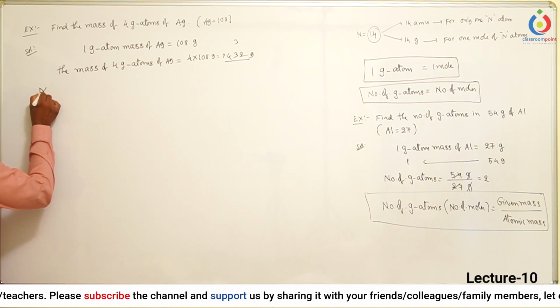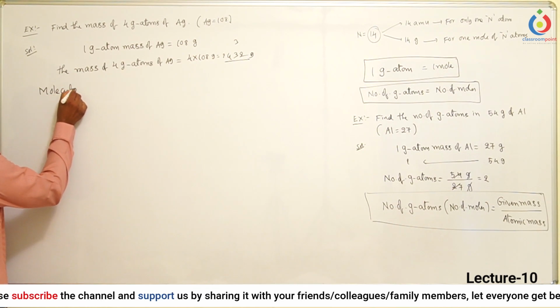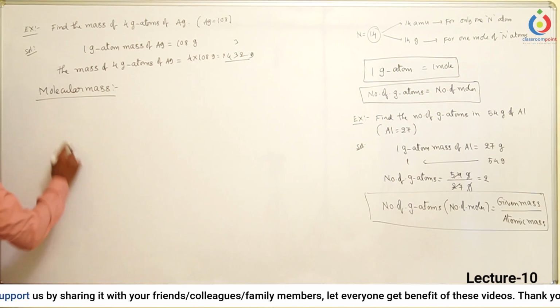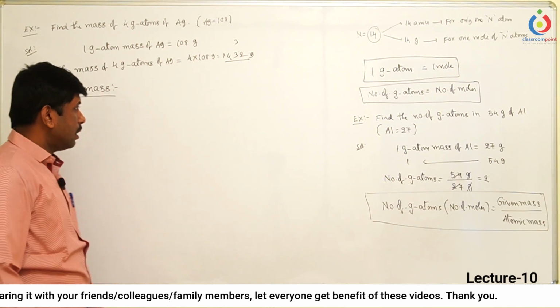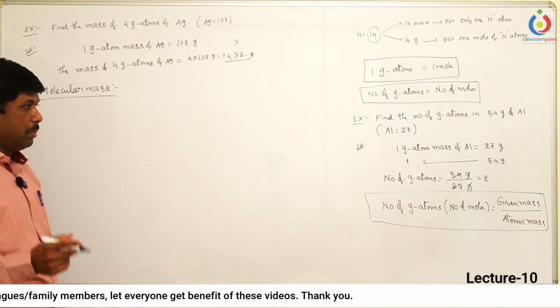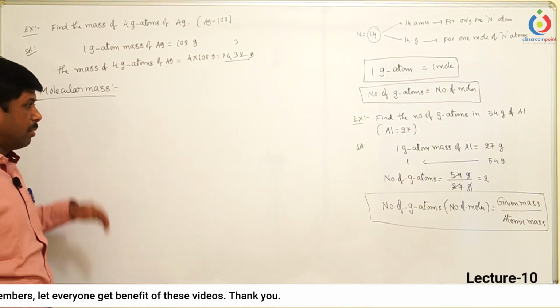So molecular mass means it can be calculated for a single molecule and for 1 mole of the molecule. Let us try to see the single molecule first.